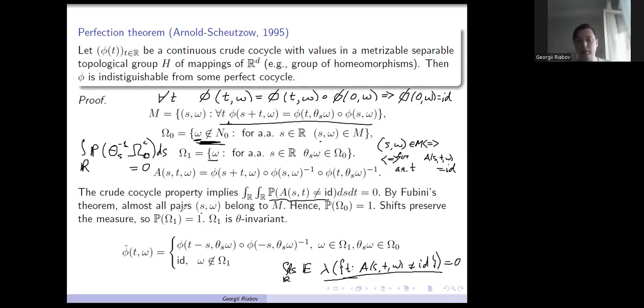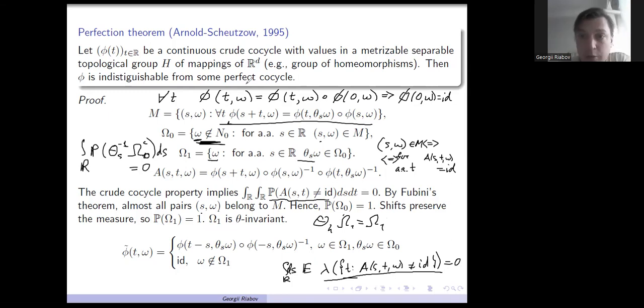And one more property: since Ω1 is defined in terms of shifts, actually Ω1 is invariant with respect to the shift, in the sense that if we shift Ω1, we get the same set.